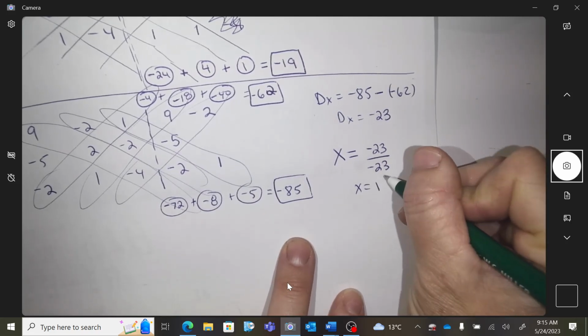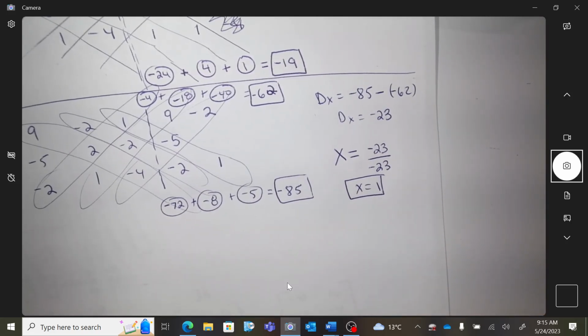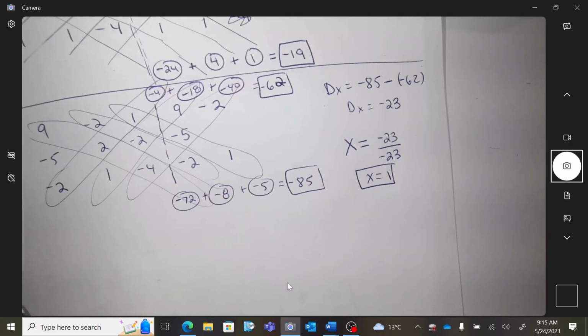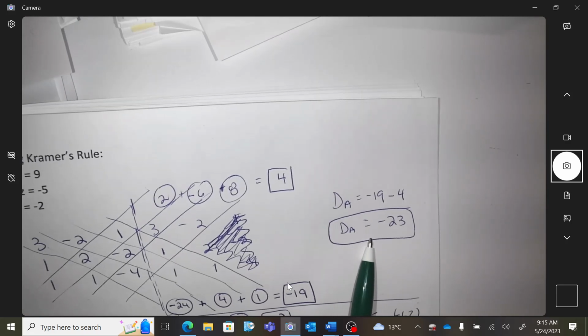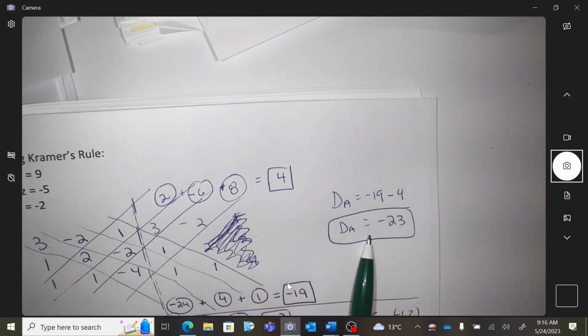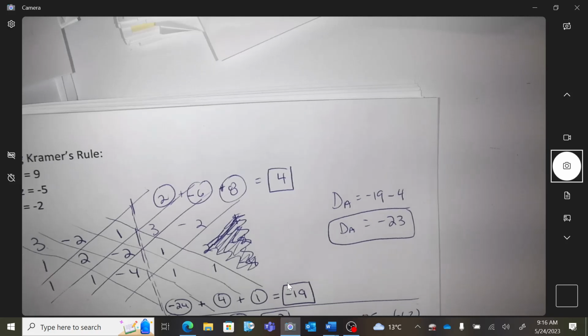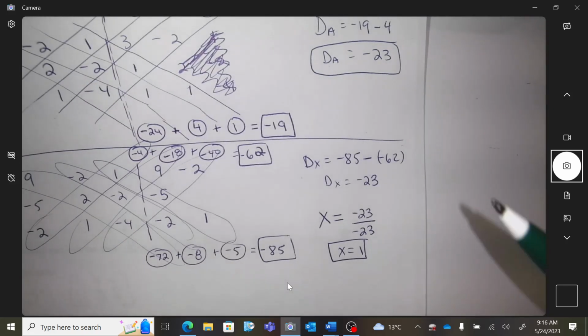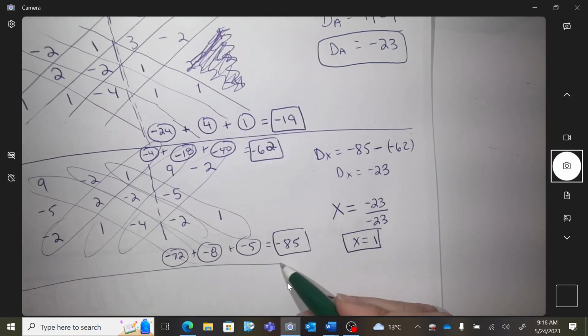So x equals 1. Our -23 up here, right? This is our original determinant. So the x determinant divided by that first one. Yep.